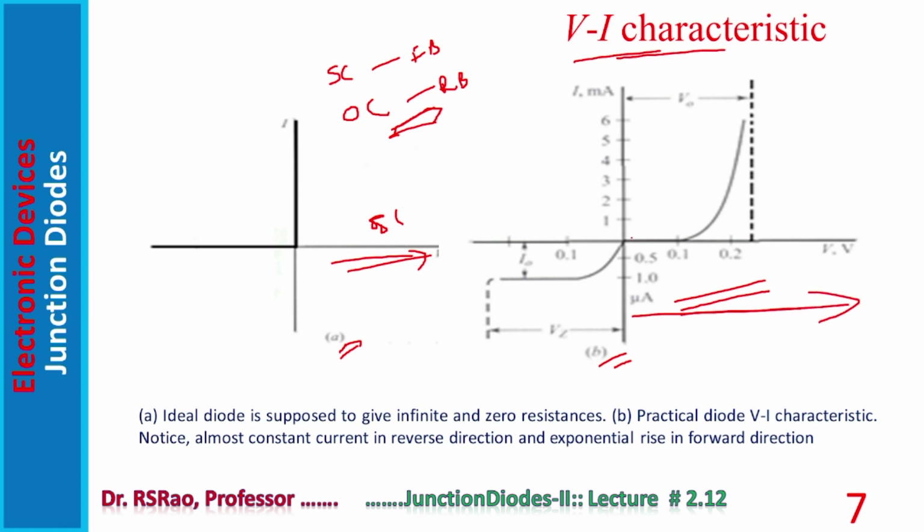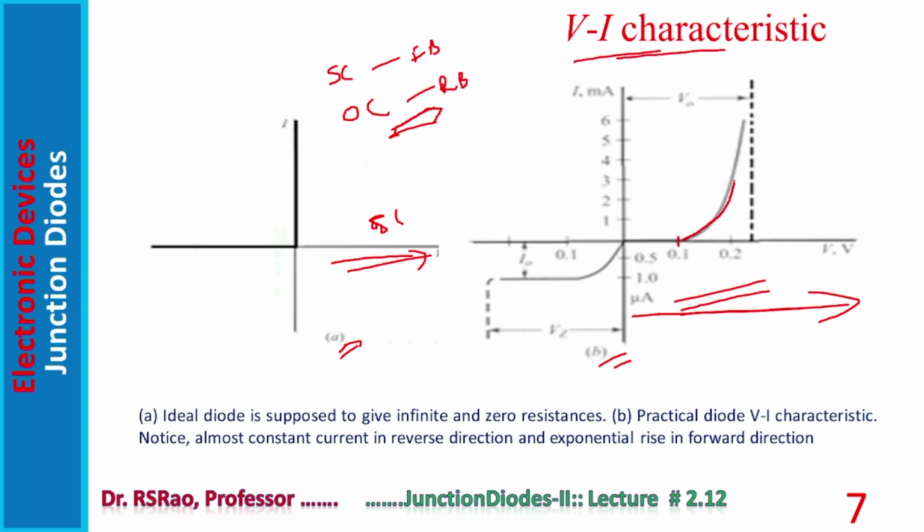One can notice as the applied voltage is increased, initially there is no current in the diode, but when the applied voltage reaches a certain point, in this case it is 0.1, the diode starts conducting. After that, with increase in voltage, current also starts increasing. The relation between voltage and current after starting the flow is exponential.